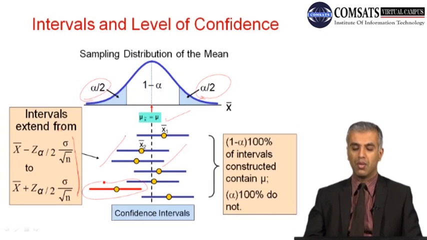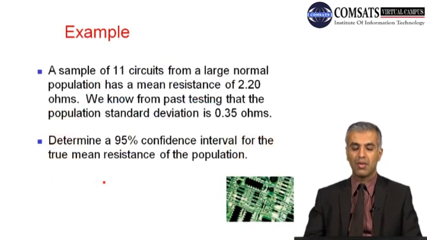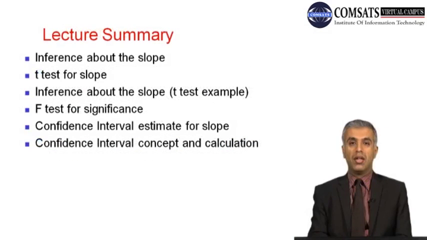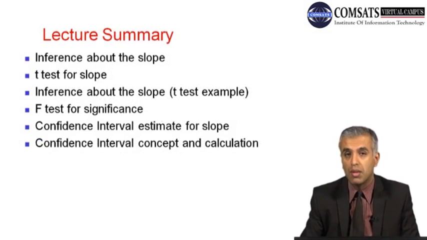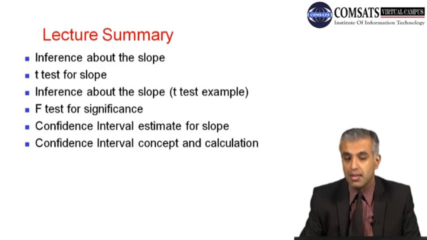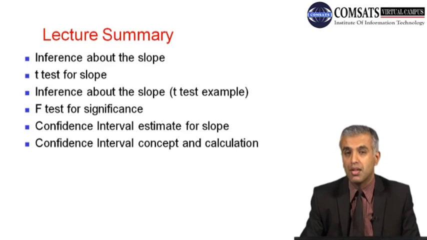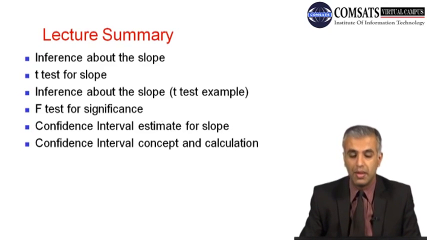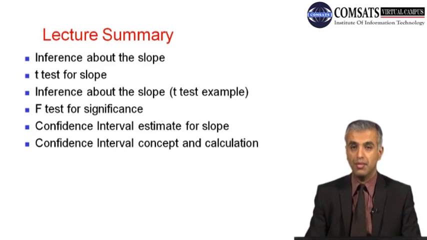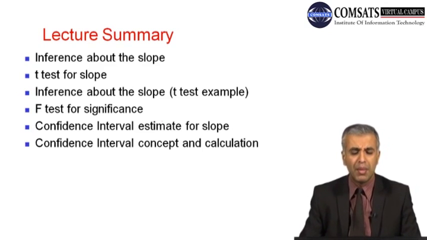Now we have got a certain example, but that would be covered in the next lecture. In today's lecture we discussed inference about the slope, because inference is an important part. It gives us the exact magnitude of the unit change in x, the independent variable, which can cause change in y, the dependent variable.